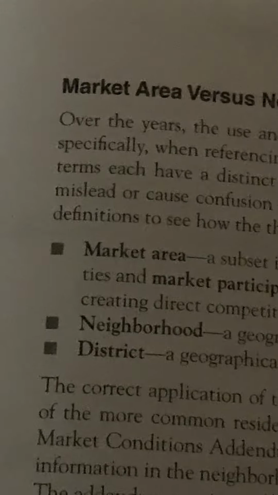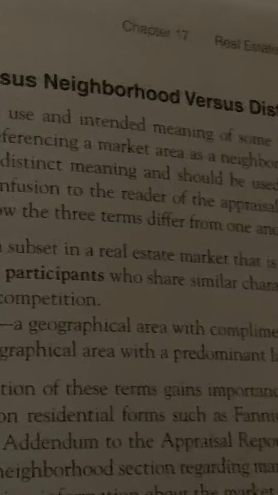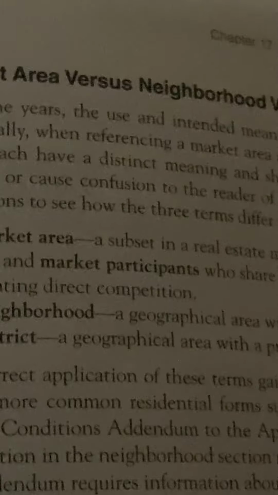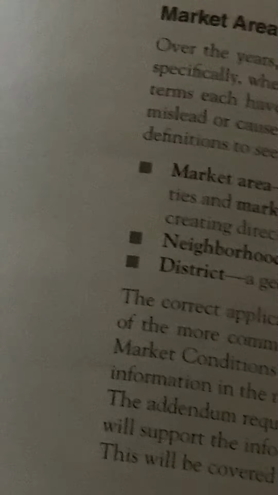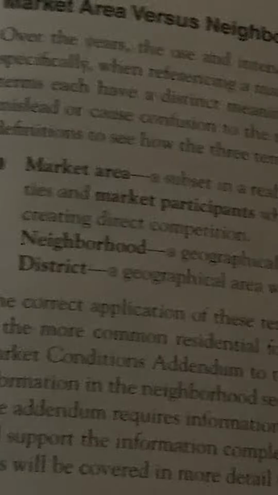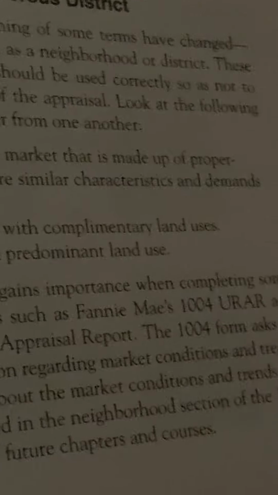Look at the following definitions to see how the three terms differ from one another. Market area, a subset in a real estate market that is made up of properties and market participants who share similar characteristics and demands, creating direct competition.